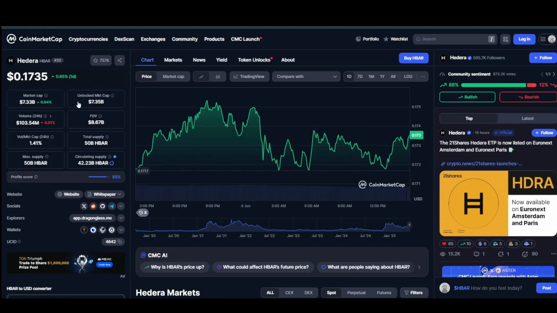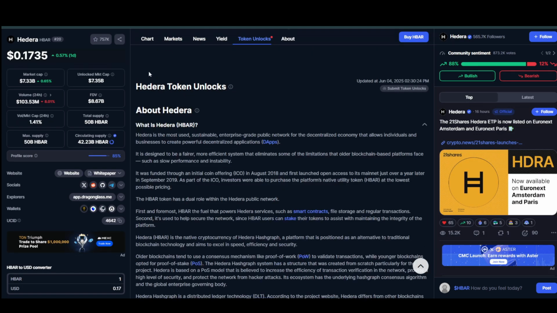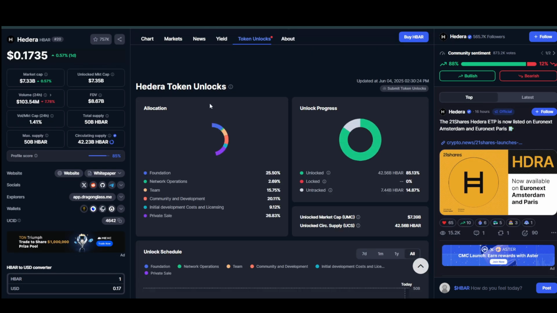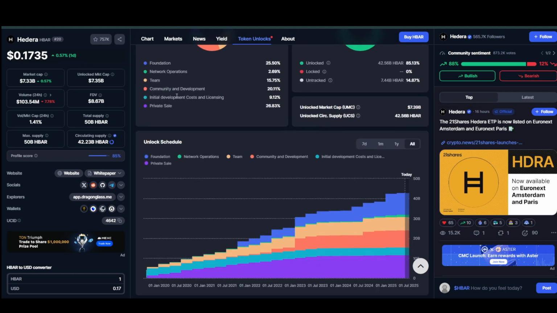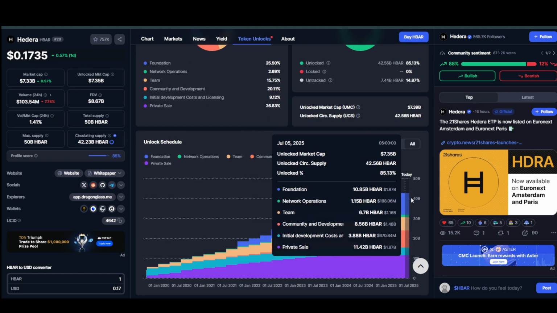Looking at this, we discussed fully diluted valuation, we have total supply and other things. But the interesting thing that CoinMarketCap shows for some coins is token unlock. This is a section where you will be able to know in advance when the token will come to the market.